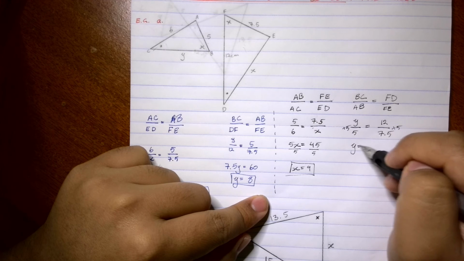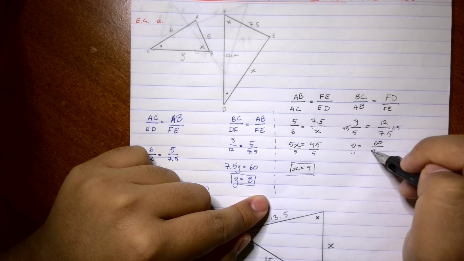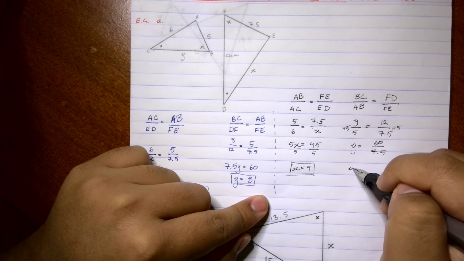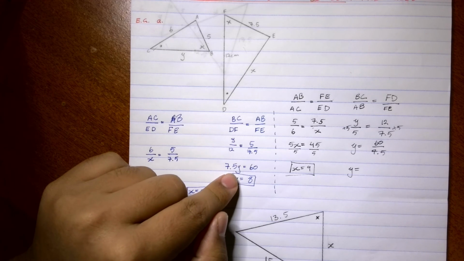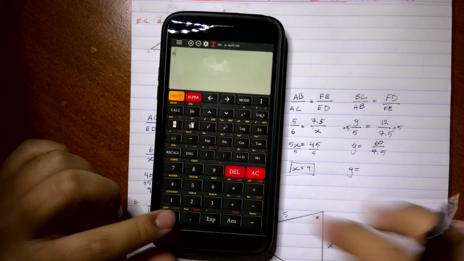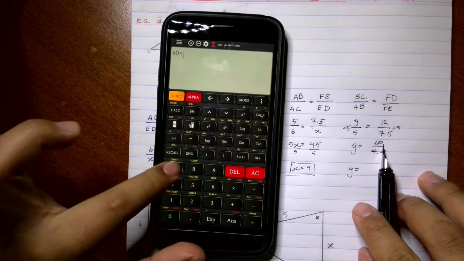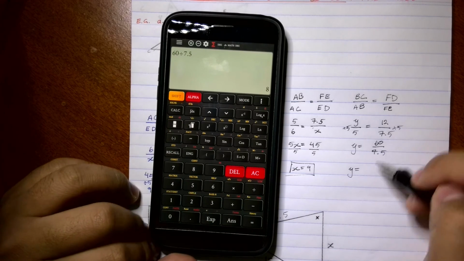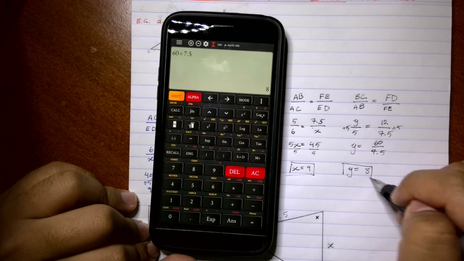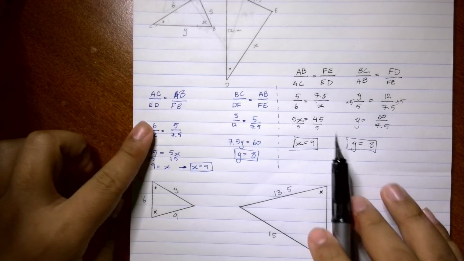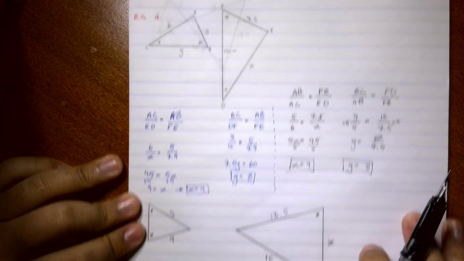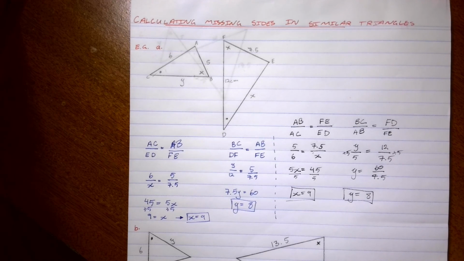We get y equals 60 divided by 7.5, which, similar to the previous one, gives us y equals 8. As you can see, we get the same solutions doing two different methods for the same problem.